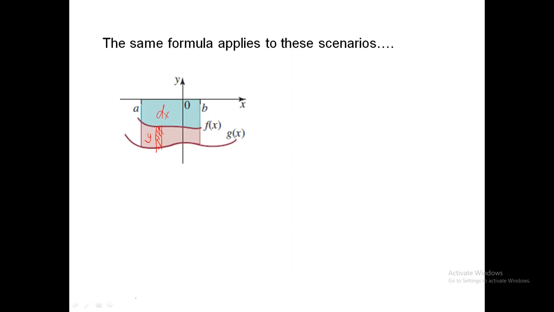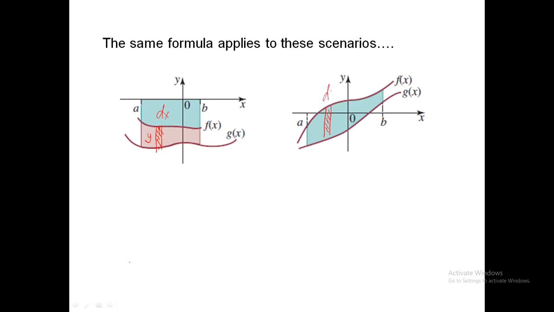So that would be f of x still minus g of x. Either of the two scenarios here, the vertical differential element or area is appropriate.